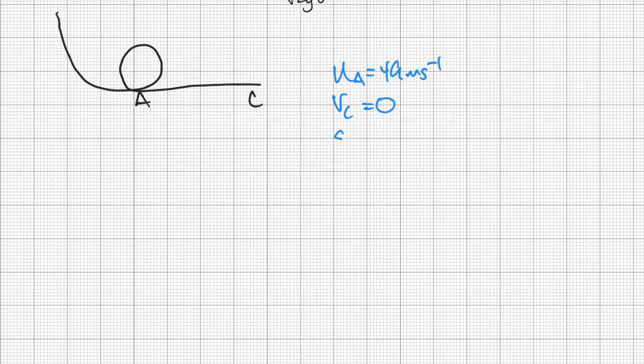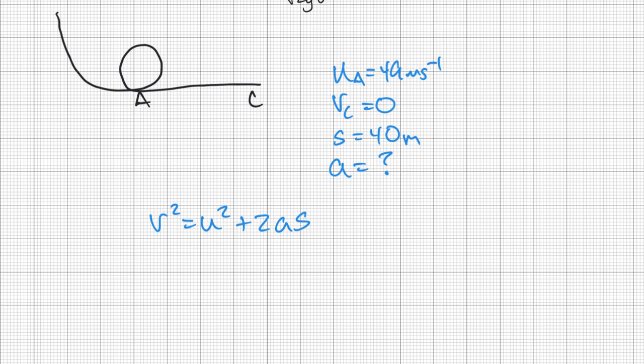We also know that the distance it covers is 40 meters, okay? So I'm just going to use my kinematic equations because we're simply trying to solve for a. So I can say final velocity squared equals initial velocity squared plus 2 times my acceleration times my displacement.